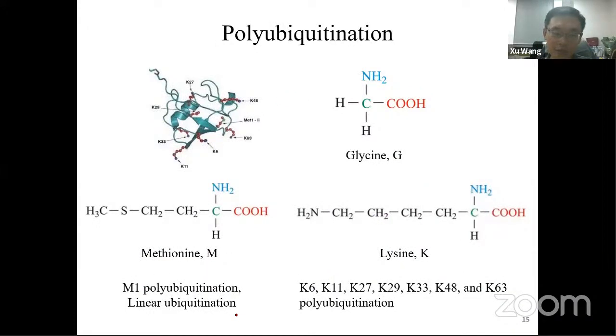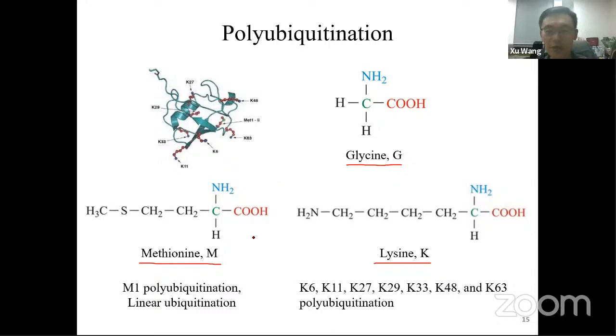In polyubiquitination, the C-terminal glycine residue of one ubiquitin molecule is attached to the methionine residue or one of the 7 lysine residues of another ubiquitin molecule. This forms the isopeptide bond and forms a polyubiquitin chain. Then the chain of ubiquitin molecules can be attached to a protein substrate.